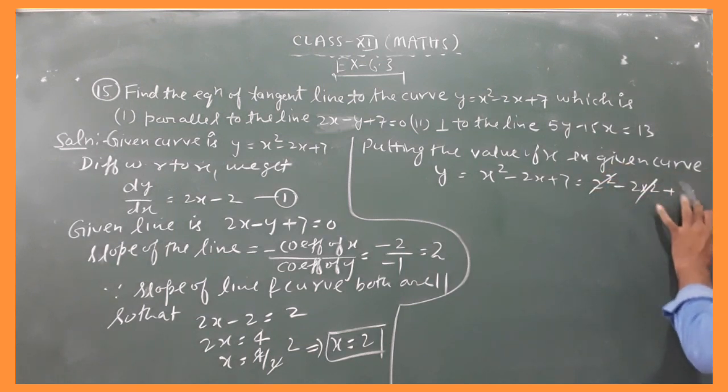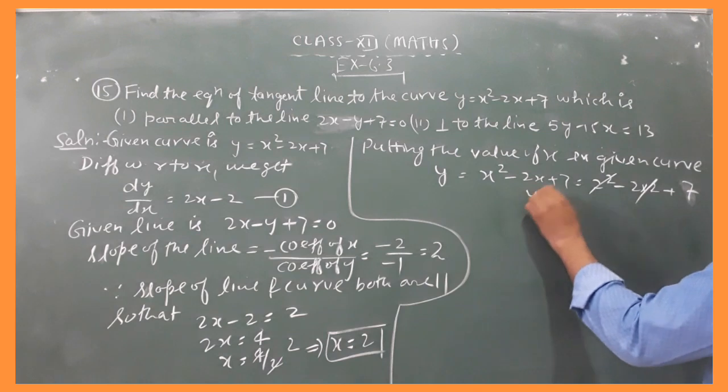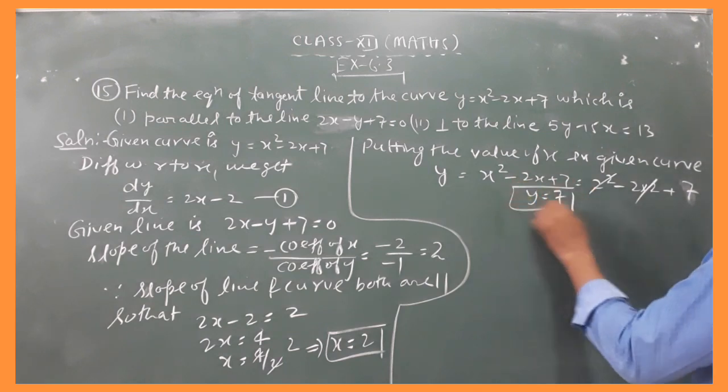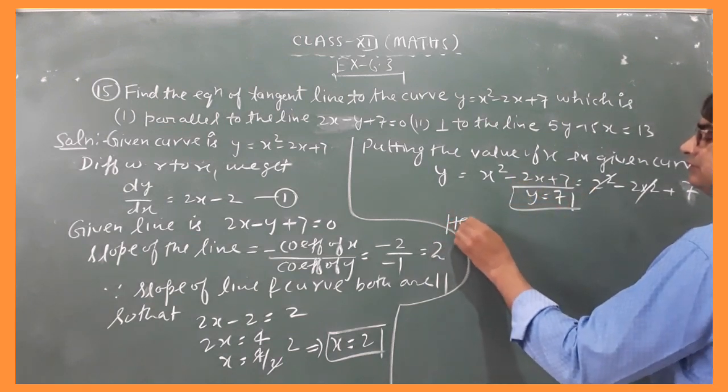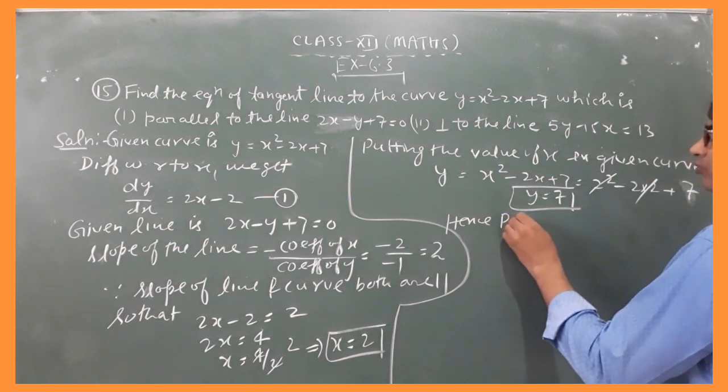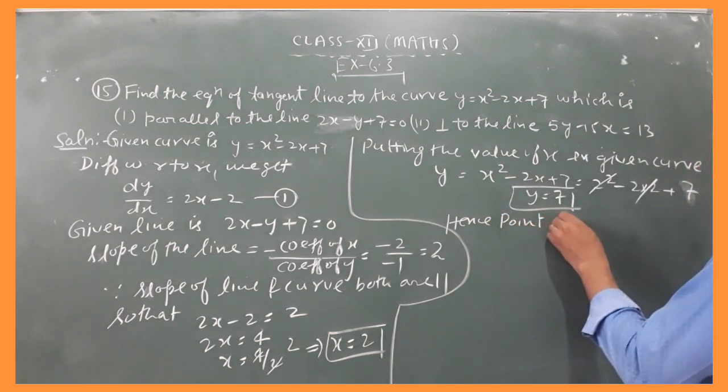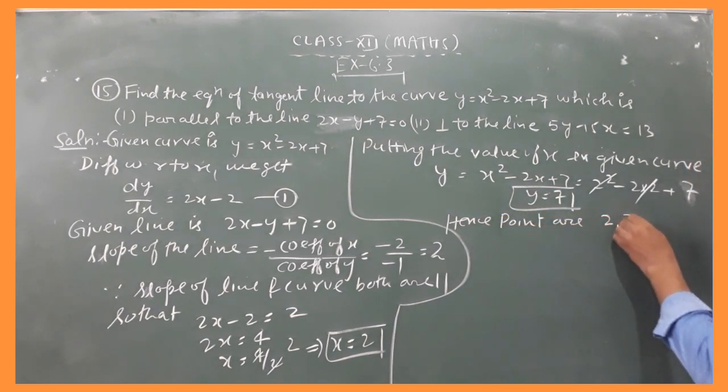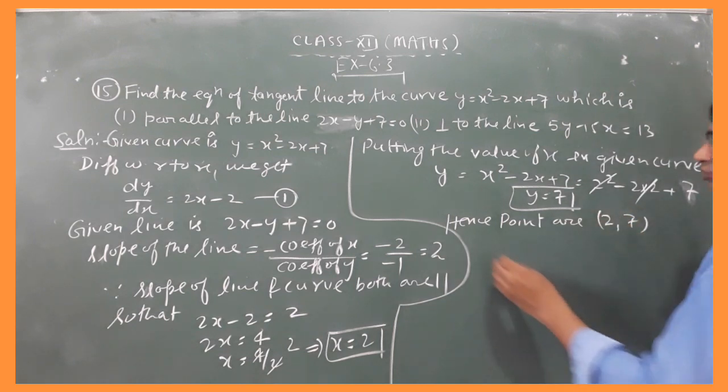Both are cancelled. Remaining what? y is equal to 7. Hence, the point is 2, 7.